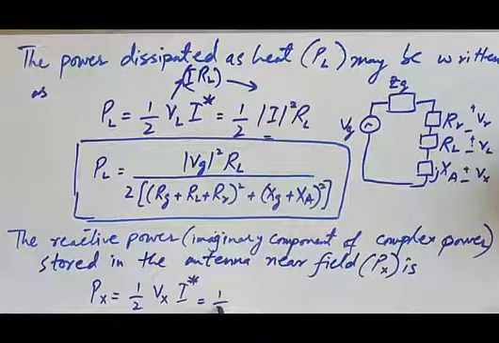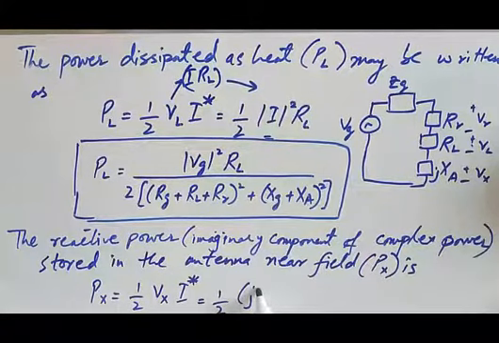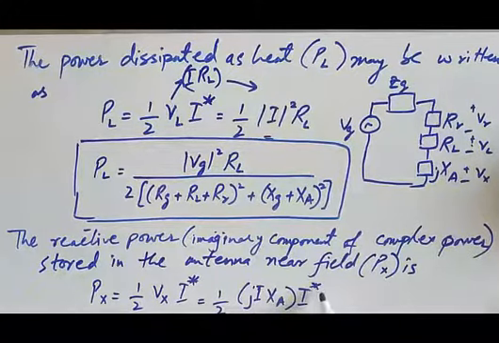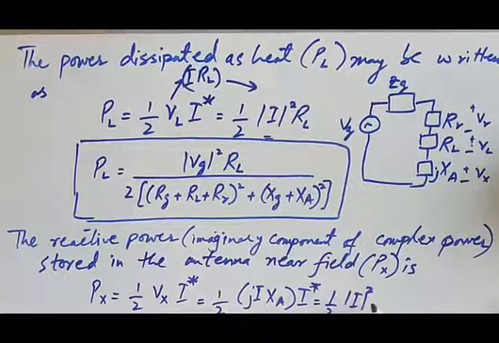The same way we can say this is equal to half j I XA into I star, which gives us I magnitude square into XA.